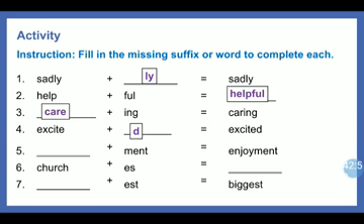Okay, let's continue. So here we have no root word. However, our suffix is ment, and our word is enjoyment. So what is our root word? Our root word is enjoy.